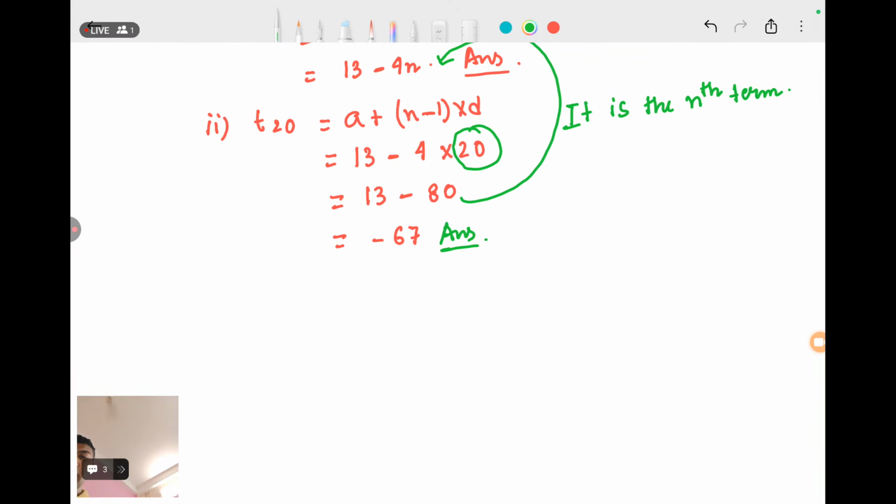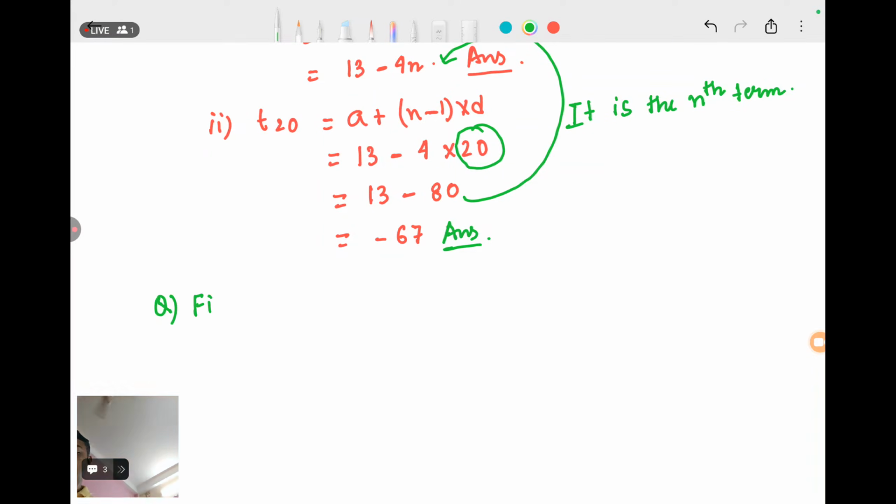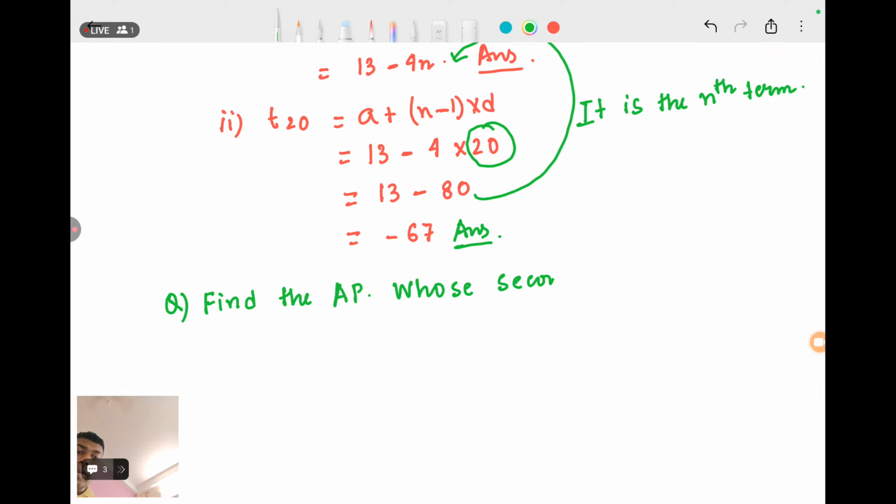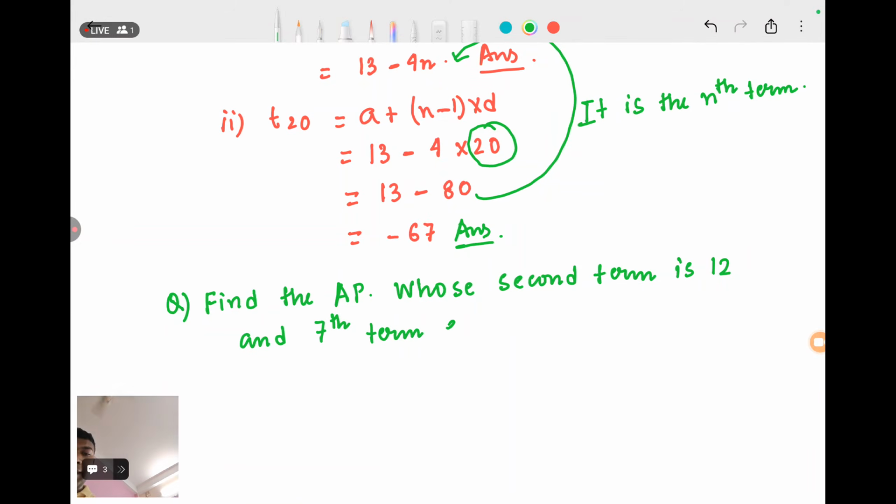The question is: find the AP whose second term is 12 and whose seventh term exceeds the fourth by 15.